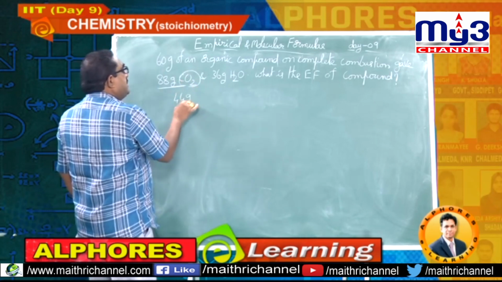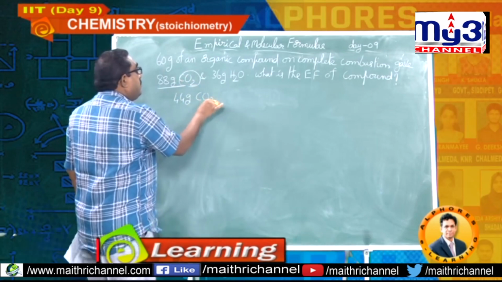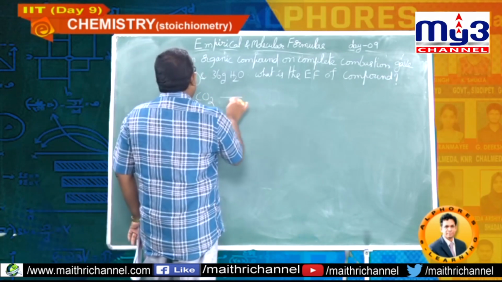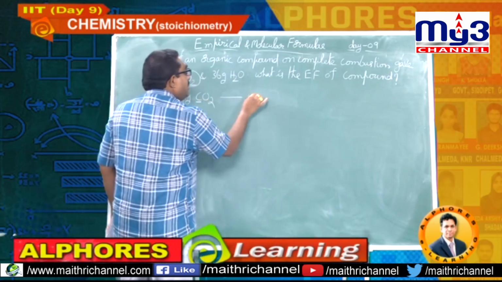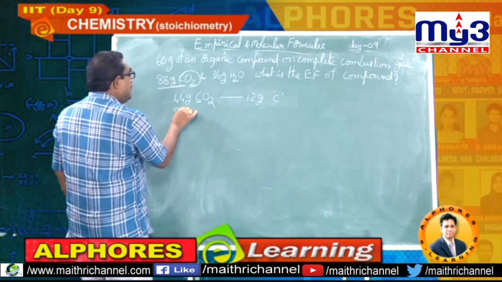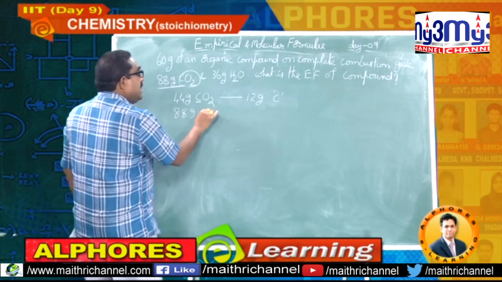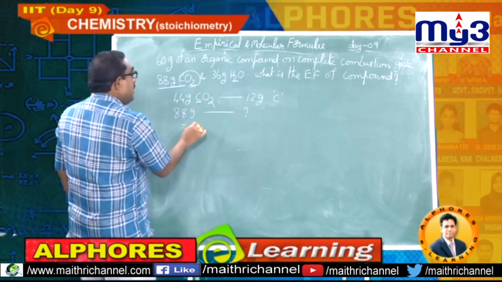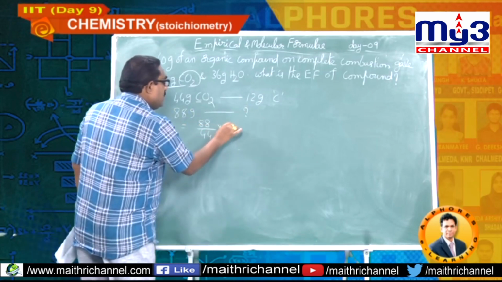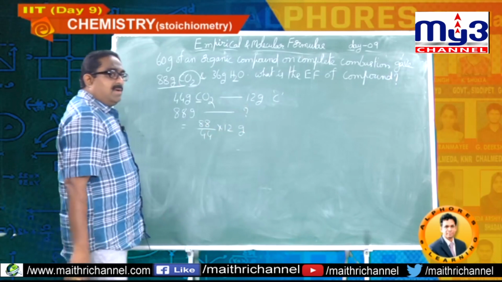Please write down along with me: 44 grams of carbon dioxide contains how much carbon? 12 grams of carbon. But this time how much carbon dioxide is given to you? 88 grams. So I am writing 88 by 44 into 12 grams of carbon.